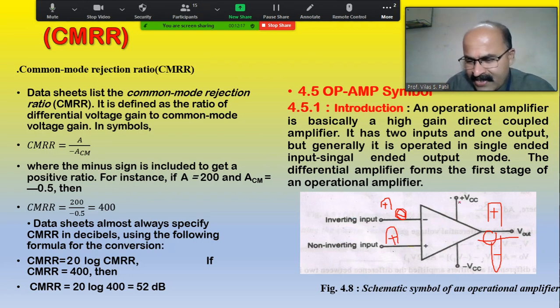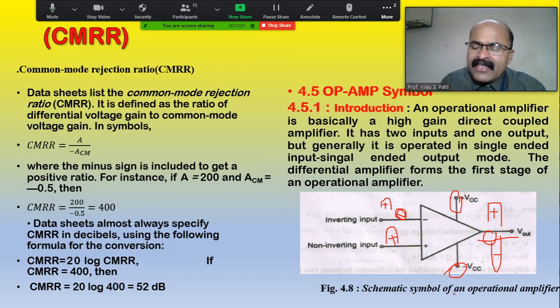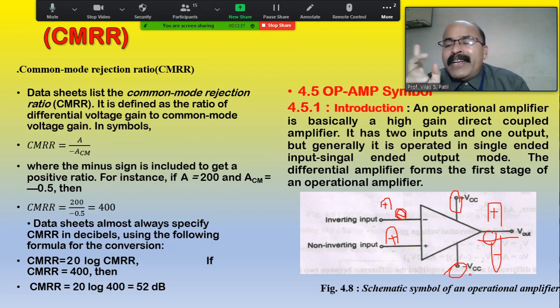Consider this is the biasing terminal and this is the biasing terminal. We know that there are two biasing terminals: VCC, which is connected to positive VCC, and the other is minus VEE. This is not VCC but VEE, and minus VEE is the voltage between two emitters.